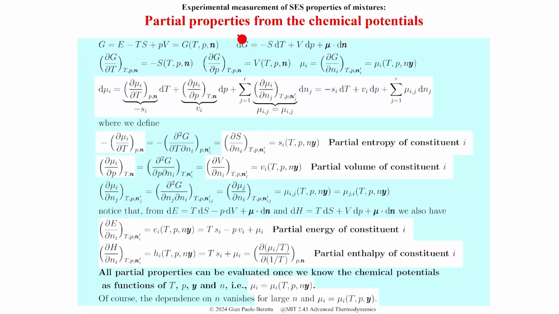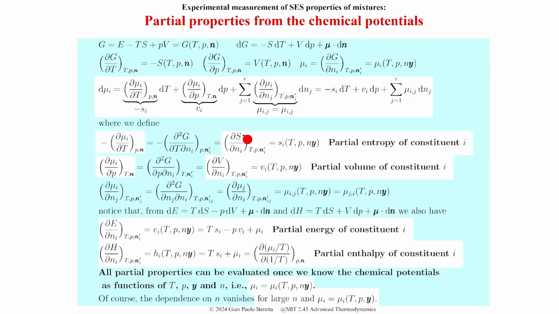So by writing the differentials, we can see by inspection what these partial derivatives are. But we should also remember, we could remember by heart, these partial derivatives, at least this and that.